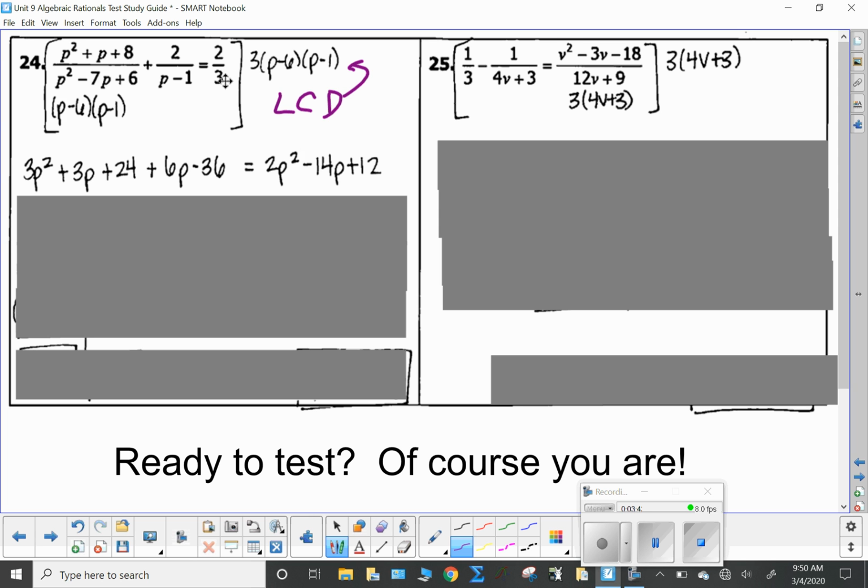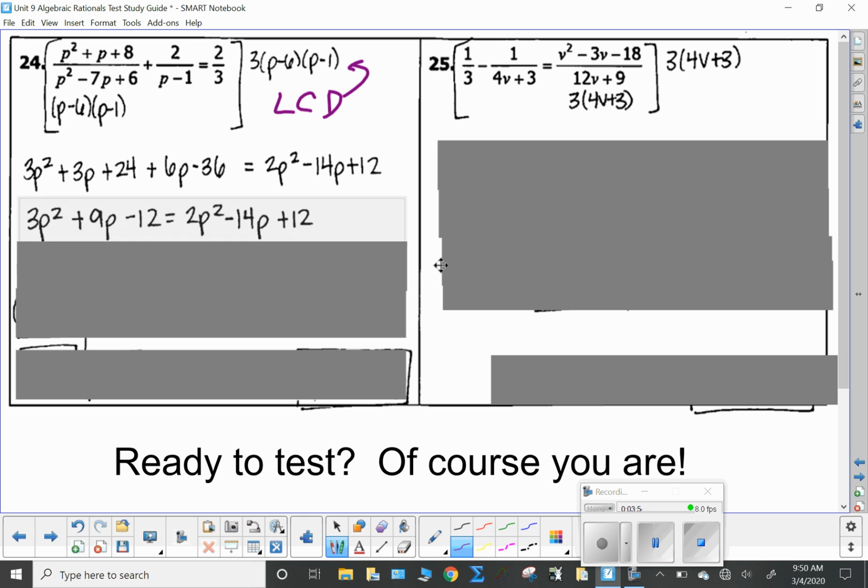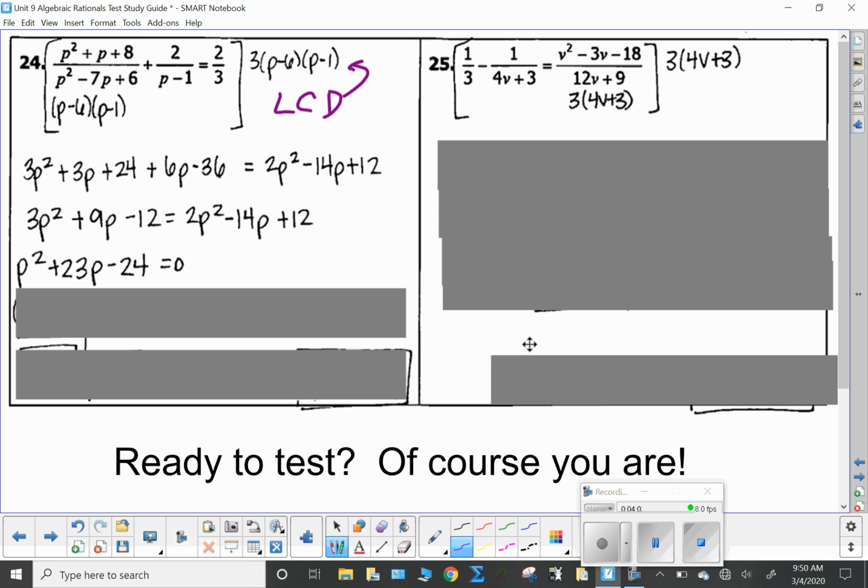Over here, the 3's cancel, and you get 2 times the p minus 6, p minus 1, FOILed out. Why did I have to FOIL it out? Because now I have to combine my like terms. Then I'm going to move everything over to the left, which is going to leave me with just a basic trinomial.